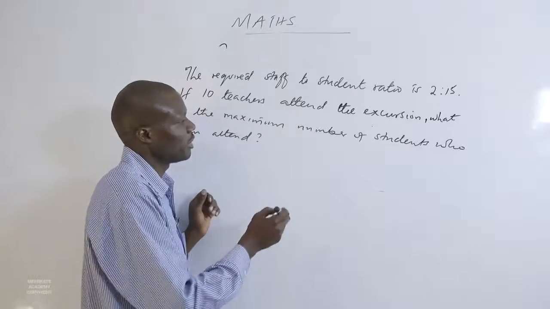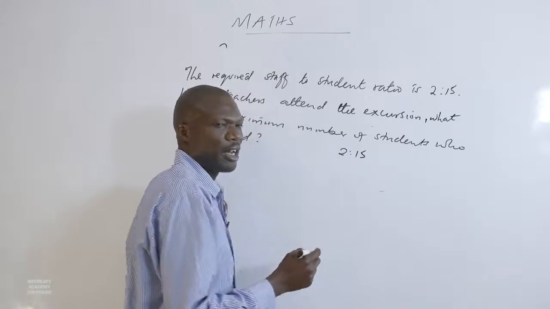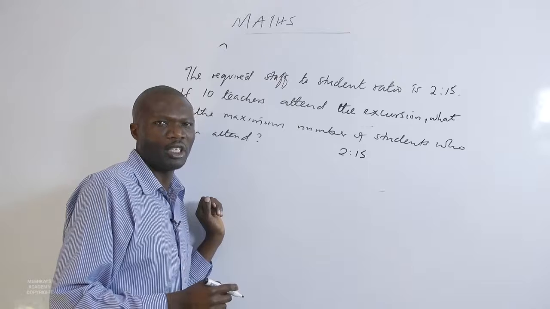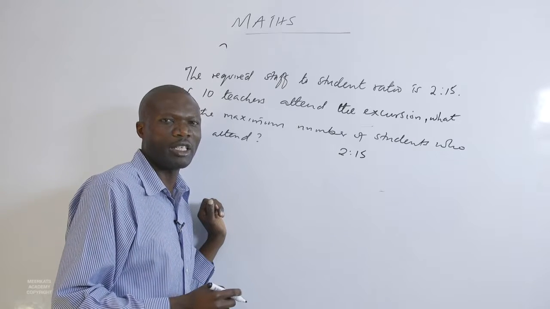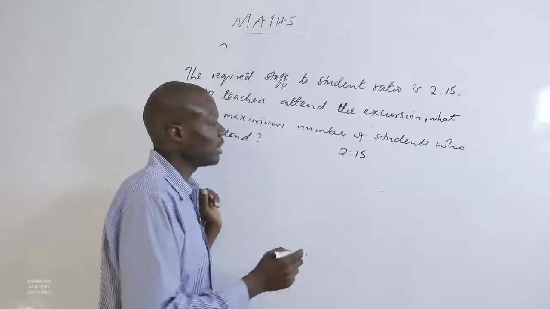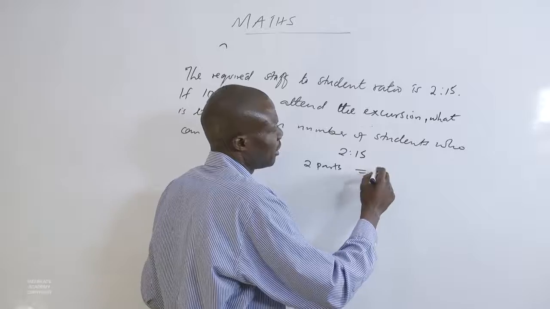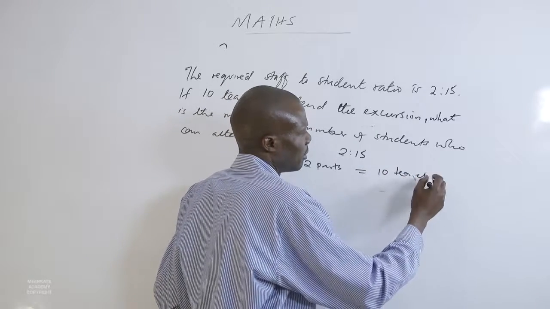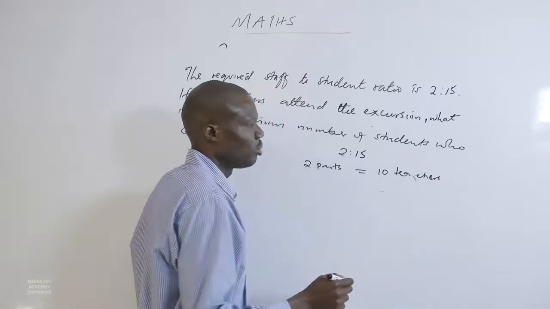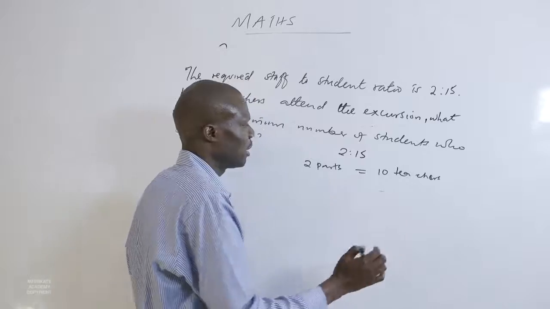Remember, the original ratio we have is 2 to 15. And this ratio simply represents how many teachers? It represents 10 teachers. So we are saying 2 parts is 10 teachers.